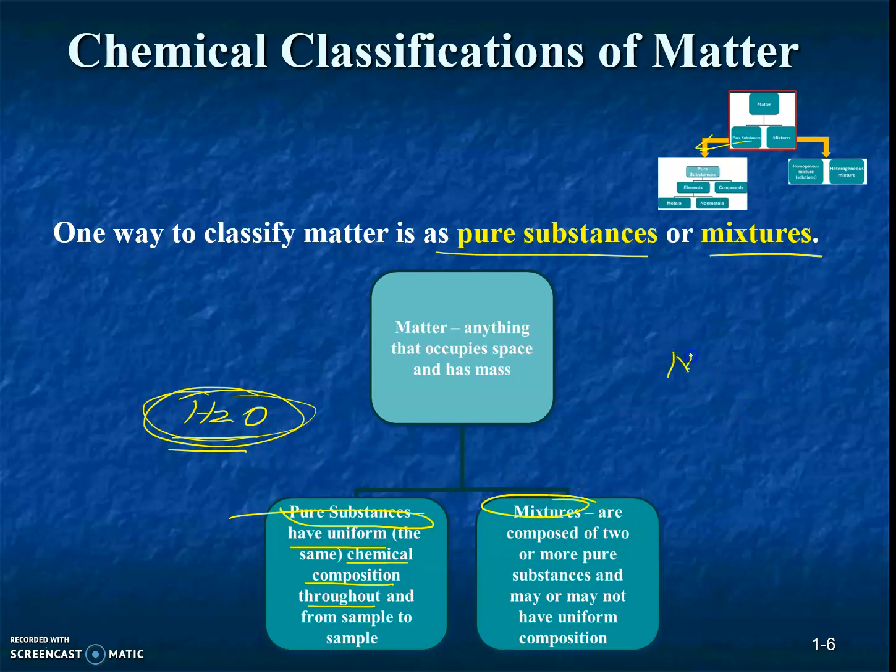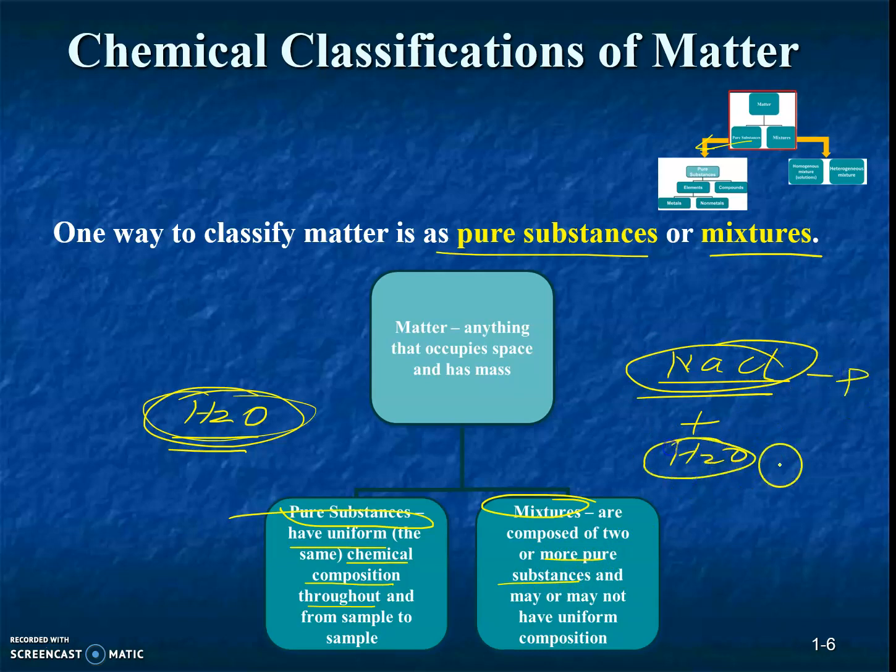Like I have salt water, sodium chloride plus water. Mixtures are composed of two or more pure substances. By itself, table salt is a pure substance, and water is a pure substance too. But if I mix these two together, it's going to make a mixture.